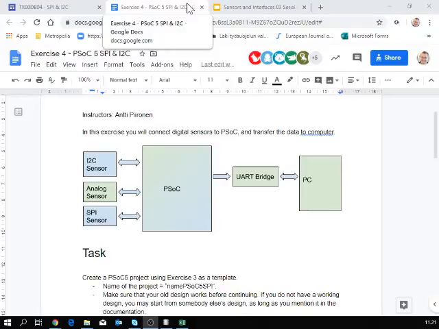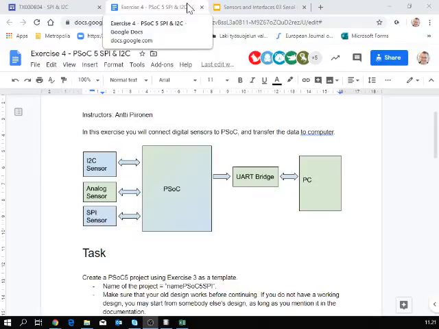Okay. That connects into the PSOC on the I2C module. After you have added that one and tested, then you put in the SPI sensor, which is not just a sensor. There is an MCP something.